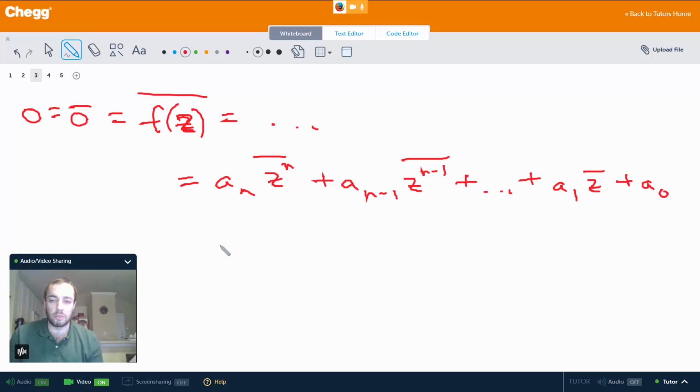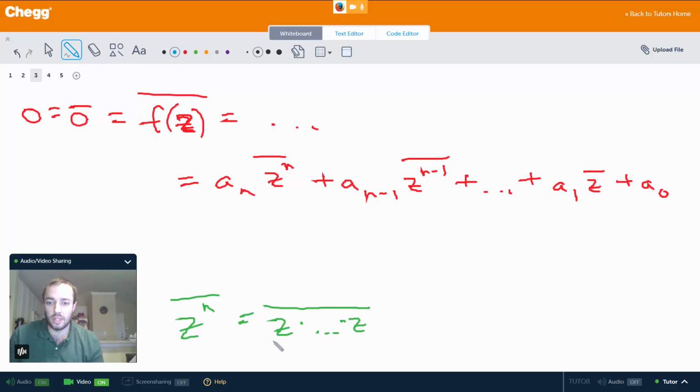Now here we're going to use one more property that we've actually just used. So z to the n bar, let's come off to the side separately here. Z to the n bar, this is a conjugate of a product, right? Because z to the n just means z multiplied by itself n times. And we're taking the conjugate of all that.